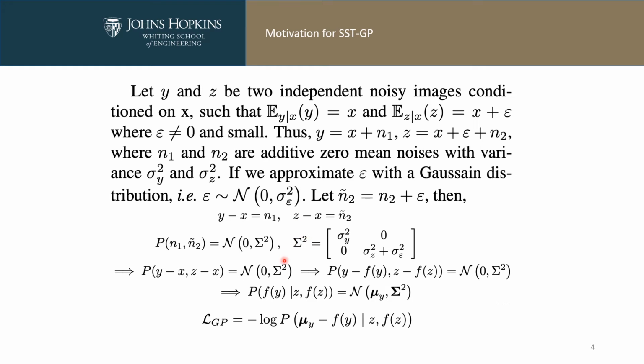This allows us to formulate a joint Gaussian distribution between Y and Z noisy images as shown here. If we consider f is a function that performs the denoising task, we can formulate the joint Gaussian distribution between the functions f of y and f of z as shown here. If we know the mean image mu z, then we can predict the mean denoised image for y using the Gaussian process as shown here.